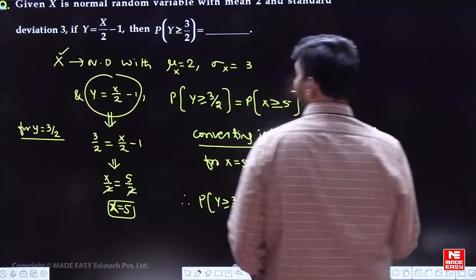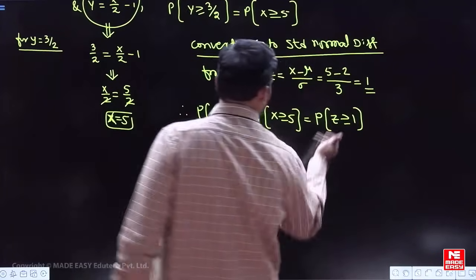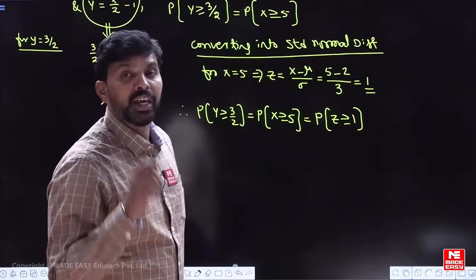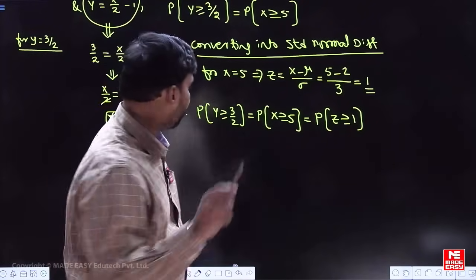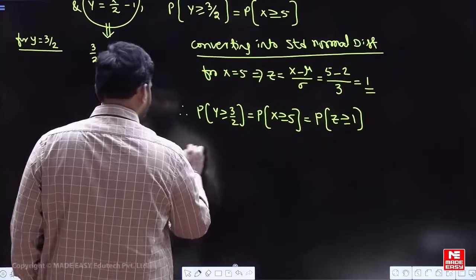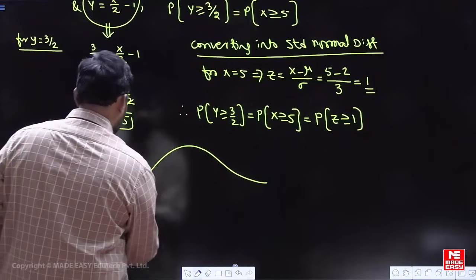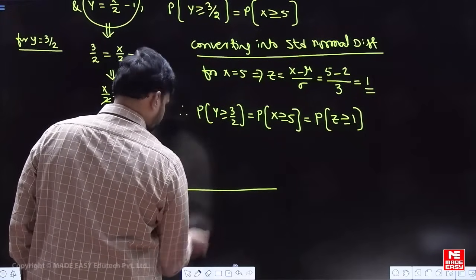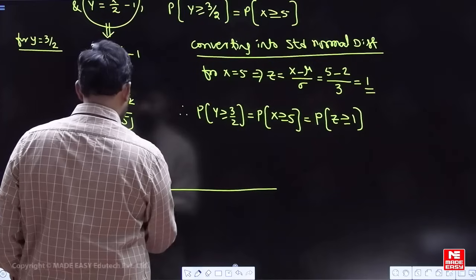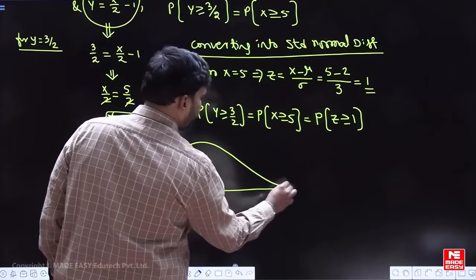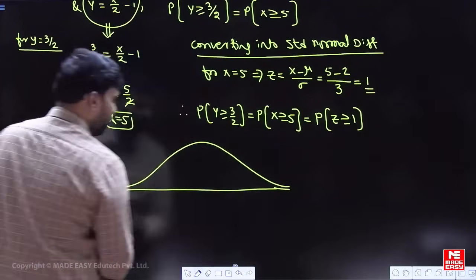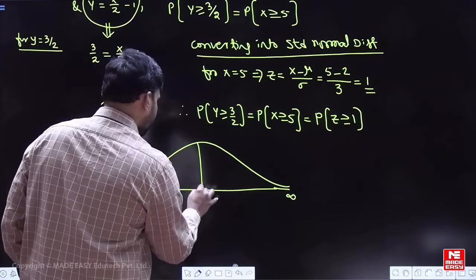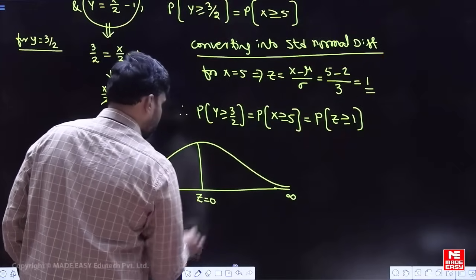Now this probability of z greater than or equal to 1 is given by the area under the standard normal curve. So let us draw the standard normal curve here, from minus infinity to infinity, and it is symmetric about z equal to 0.